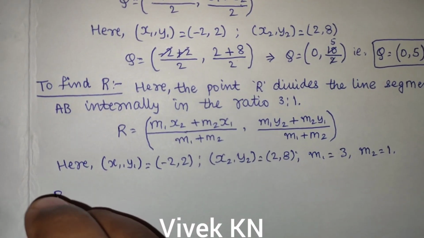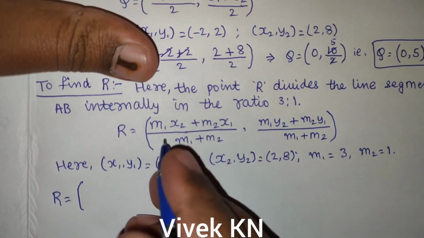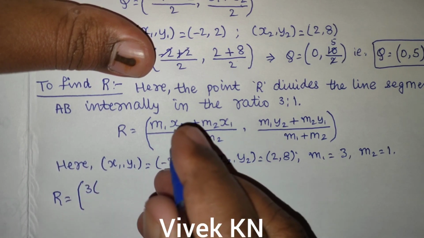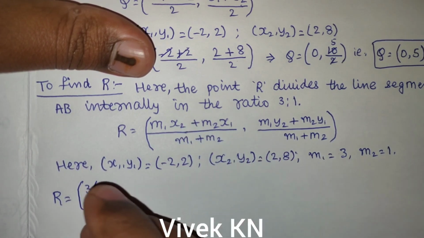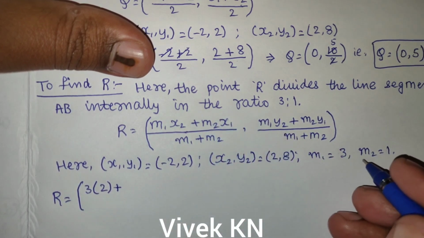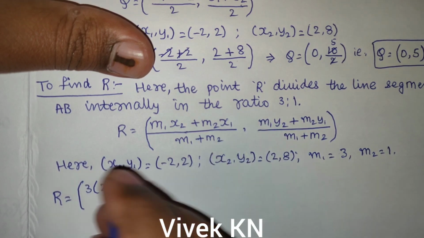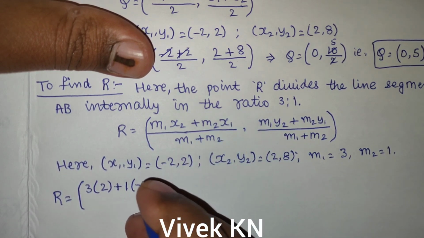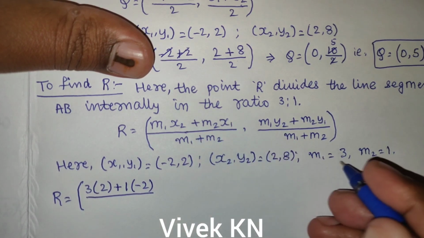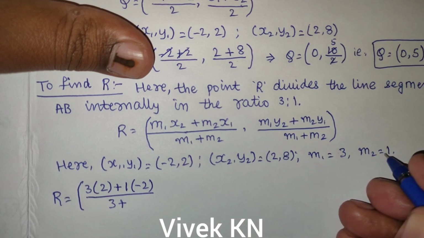So R is equal to m1 x2, the value of m1 is 3 and the value of x2 is 2, plus m2 x1, the value of m2 is 1 and the value of x1 is minus 2, divided by m1 plus m2, that is 3 plus 1.